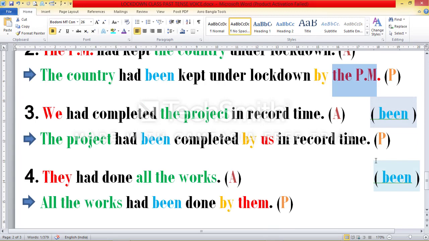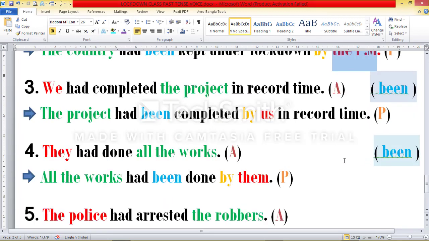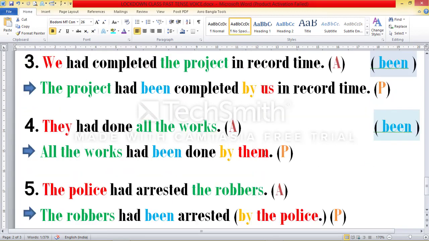Next, let's go to the third sentence. The third sentence is, we had completed the project in record time. And in this sentence, as you know, we is the subject and the project is the object.